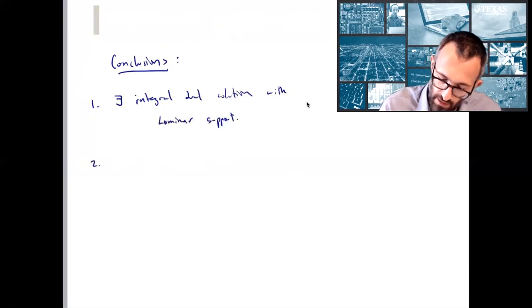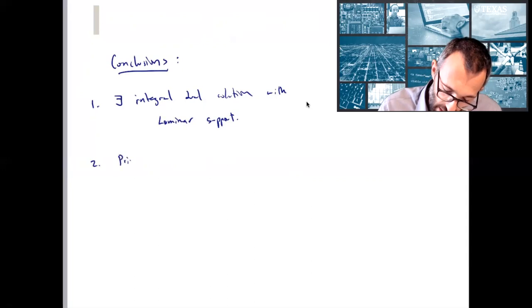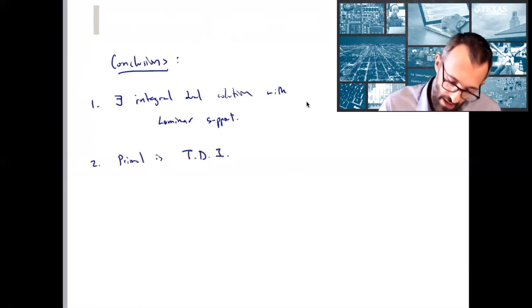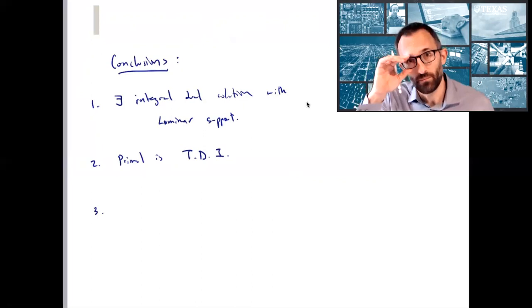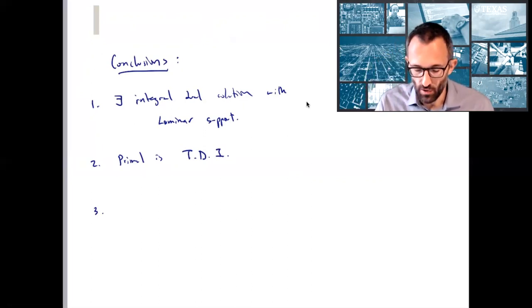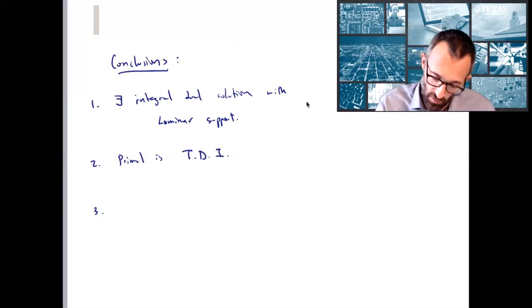But it also means that the original system is TDI, totally dual integral. And this duality relationship, I'll let you show, is a generalization of the Tutte-Berge result that we had derived, in fact, directly several lectures ago.